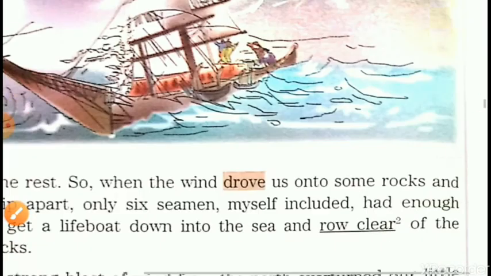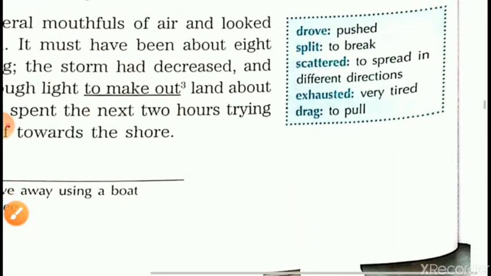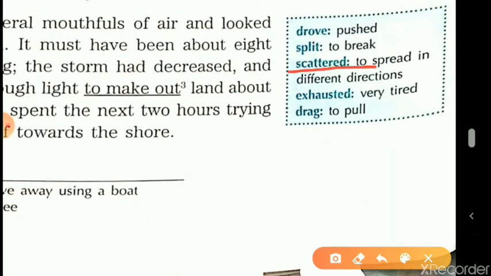Now, children, my next word is scattered. Scattered means to spread in different directions. And the sentence on scattered is toys and books were scattered around the room.